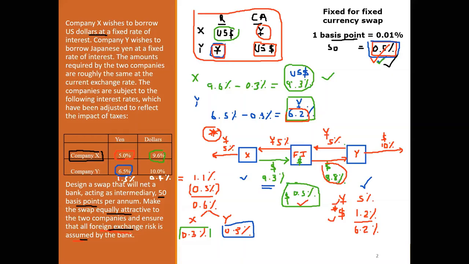The remaining balance is only 8.8%. So this swap design I have arranged with the assumption, I'm telling you again, that Y will bear all the foreign exchange rate risk. I hope it's clear. When 0.5% is deducted from 9.3%, what comes is 8.8%, right?